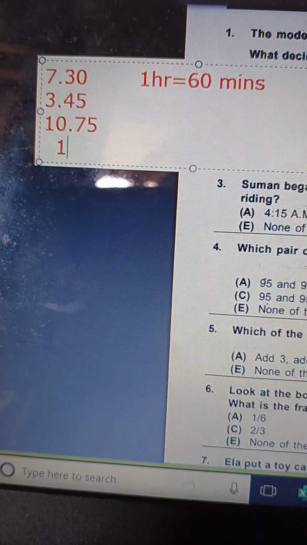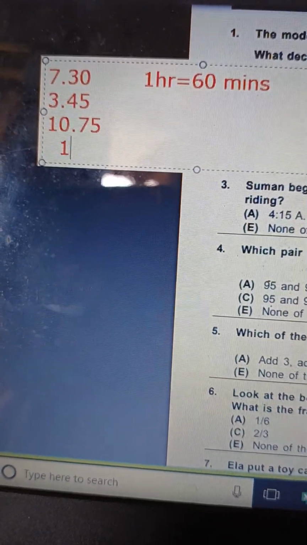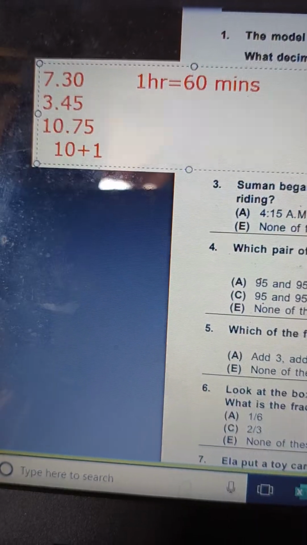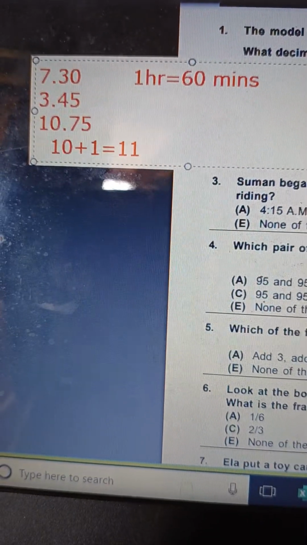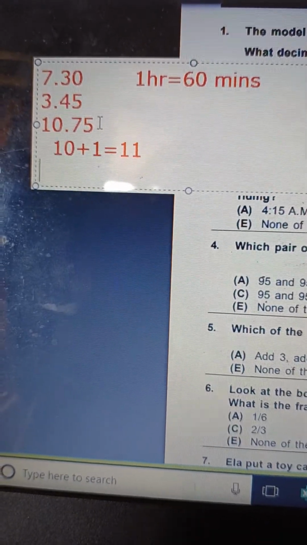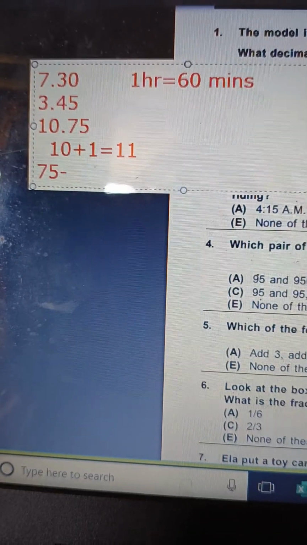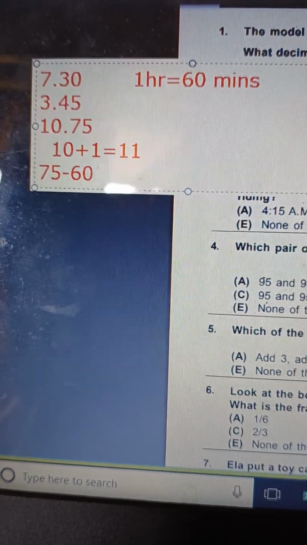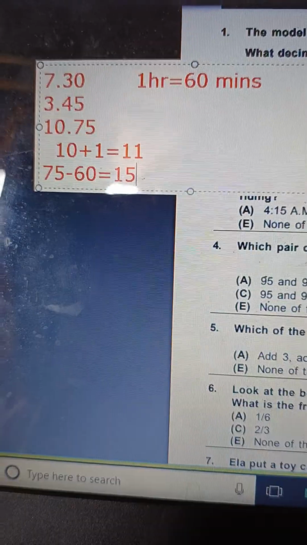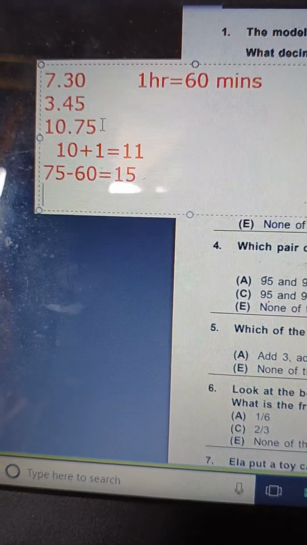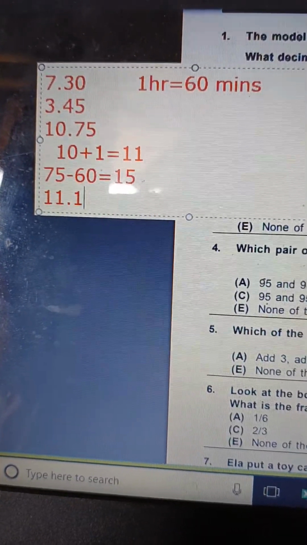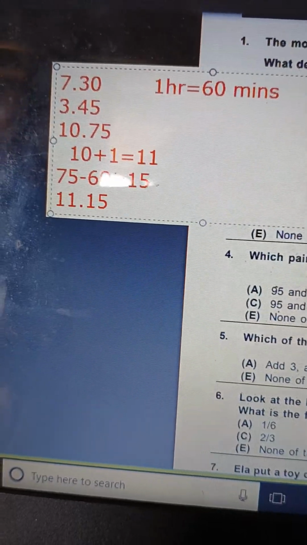Add 1 to the hour, that is 10 plus 1 is equal to 11, and 75 minus 60 is equal to 15. So the correct answer is 11.15.